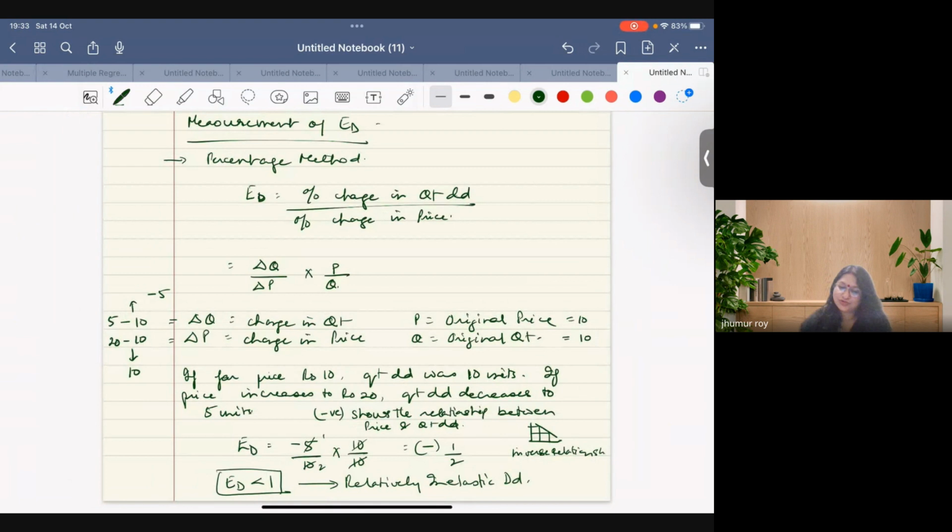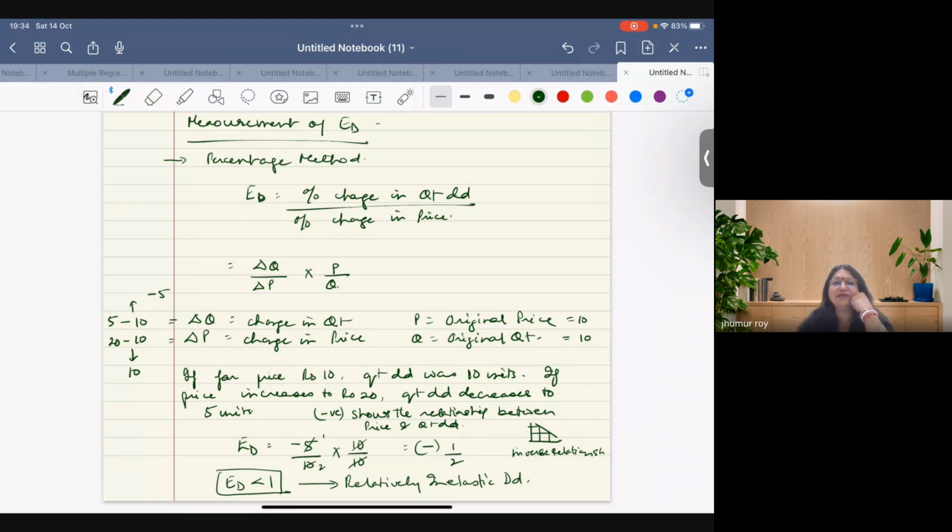Okay, so this is how you calculate elasticity through the first method. I'm just showing it to you. If you have any questions on this method, you can ask me. You might just get a simple question like this telling you that initially your price is 10 rupees and your quantity is 10 units. And if the price is increasing or decreasing, what is the change in quantity?